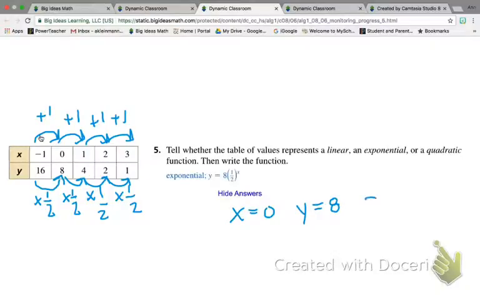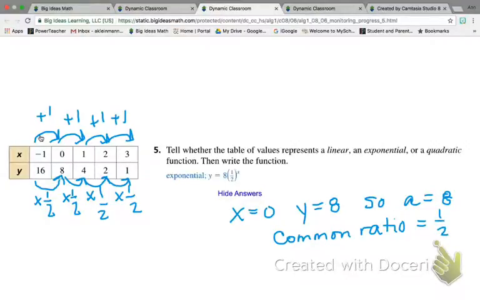So therefore, a is equal to 8, and the common ratio is equal to 1/2.